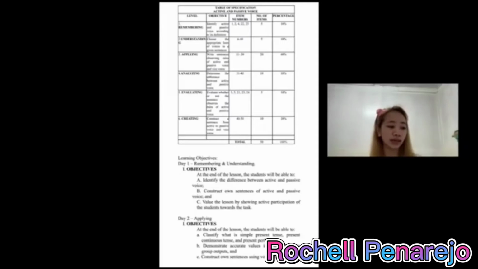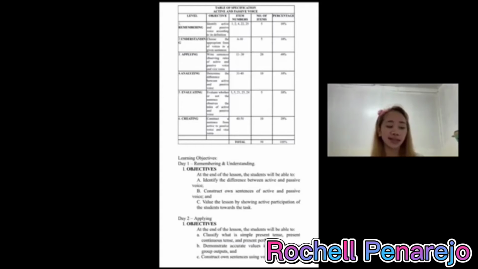So in understanding, choose the appropriate form of voices in a given sentence. So it connects to the objective, letter B, construct own sentences of active and passive voice.